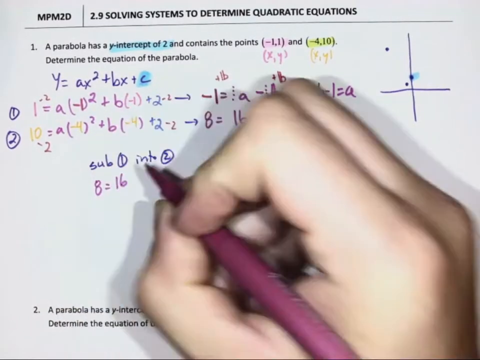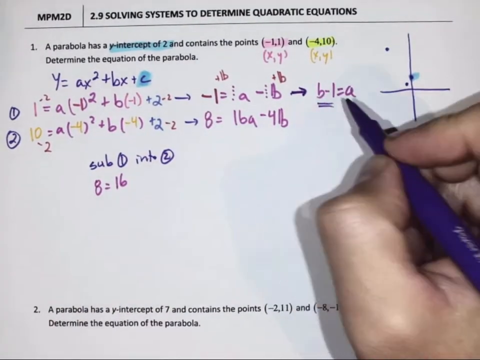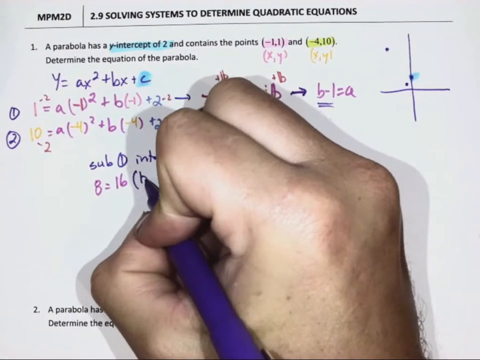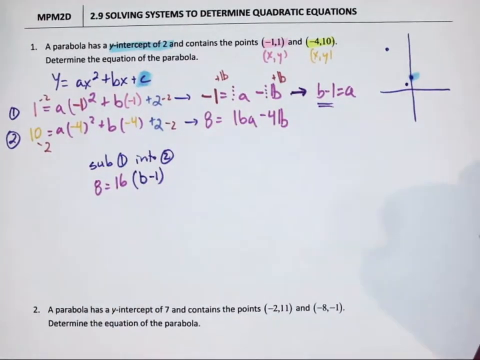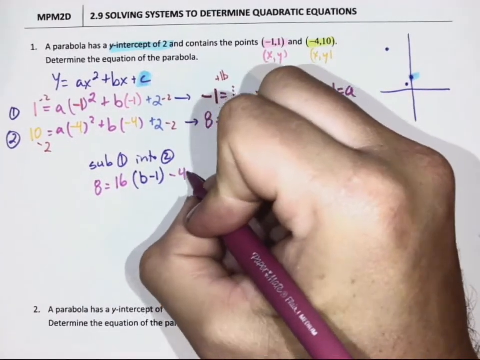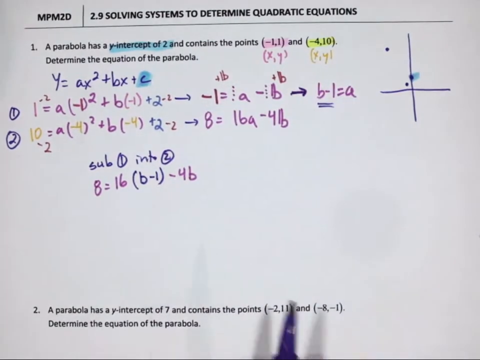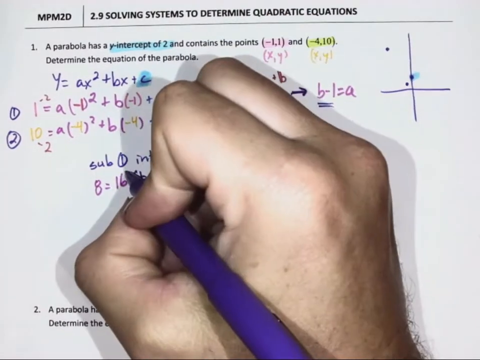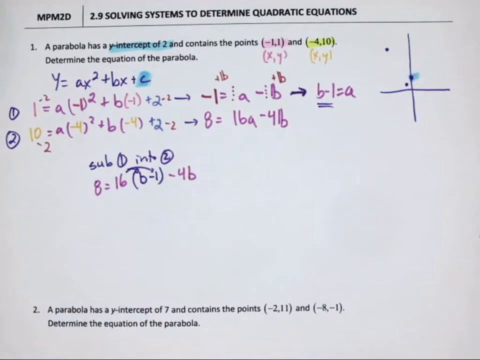8 equals 16. Everywhere I see a, I'm going to put what a is worth. Now I'm going to distribute. All previous math still exists.